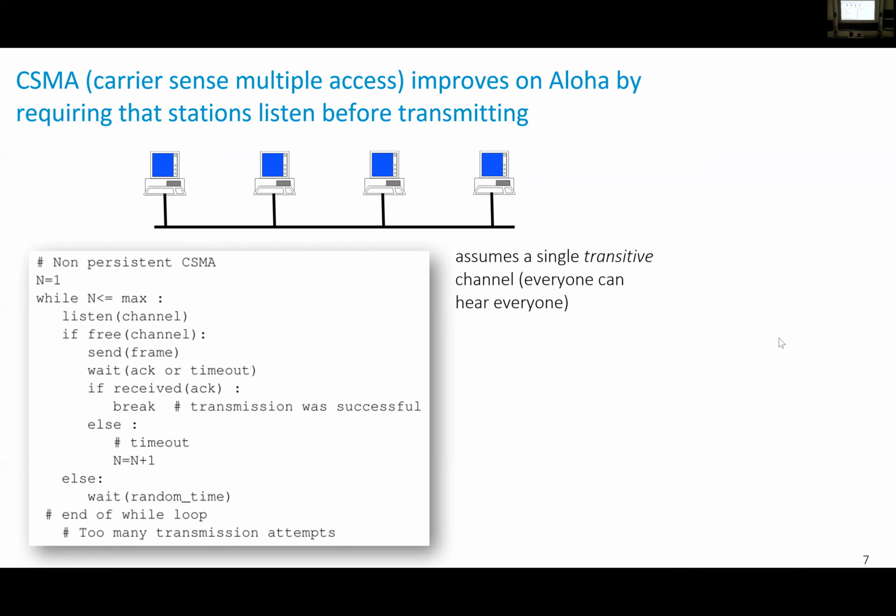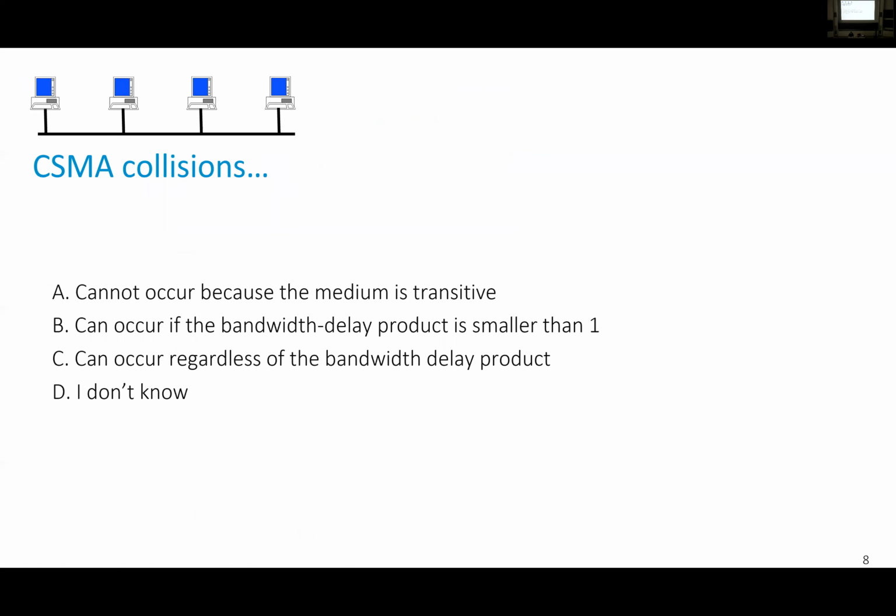Like you do in this room, if you're polite, before speaking, if someone else is speaking, you refrain from speaking. That's exactly what we do. So that's carrier sensing. Other than that it is the same, and that dramatically improves the performance.